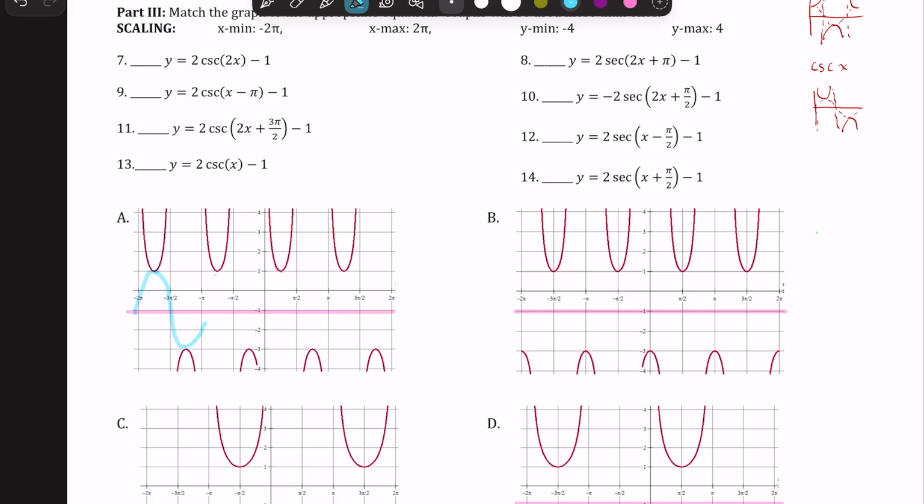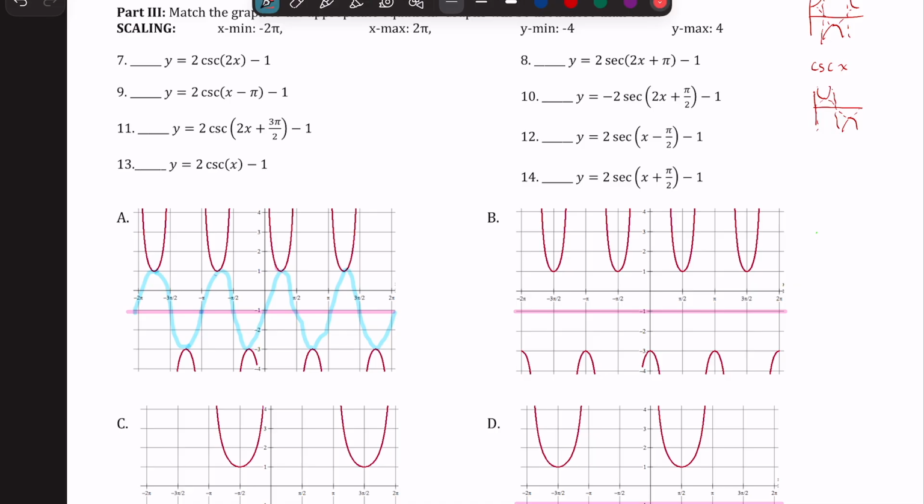I want to go through this part. So draw it in, bounce, bounce, bounce, bounce, bounce. That one's ugly. Bounce, bounce, bounce, bounce, bounce, bounce.